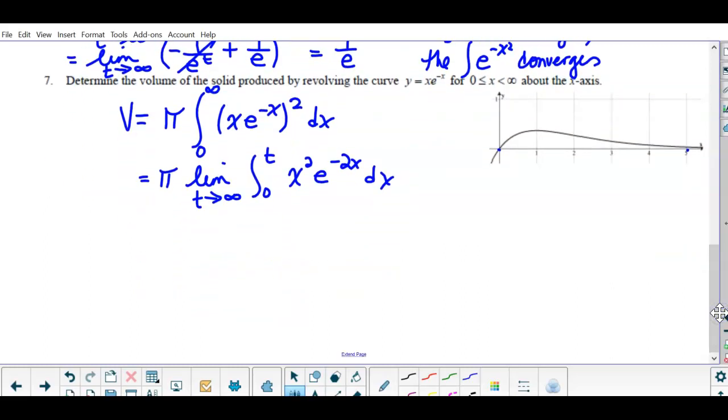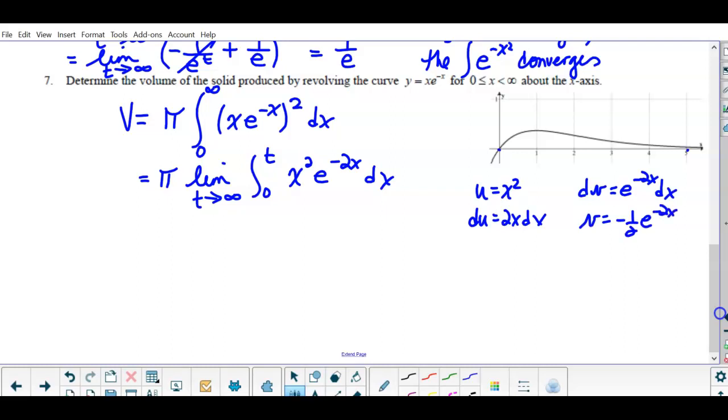Alright, we're going to have to use integration by parts. So u equals x squared, du equals 2x dx. dv equals e to the negative 2x dx, so v equals negative 1/2 e to the negative 2x.